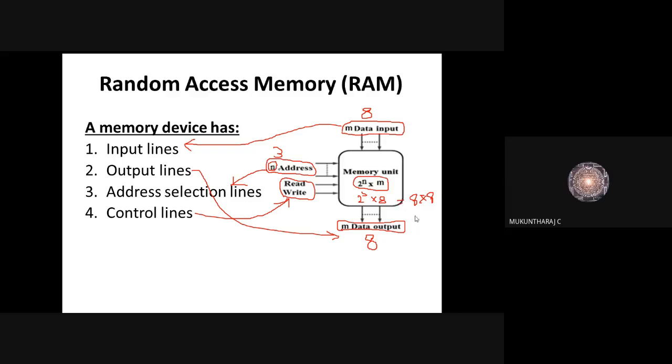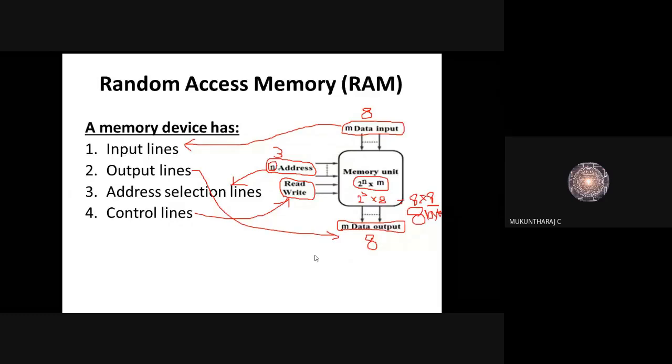So this can be alternatively represented, as this 8-bit represents a byte. We know the meaning of that term, byte. Byte means it should have 8 bits. 8-bit can be represented as a byte. So this 8 cross 8 can be represented as 8 bytes. Clear?